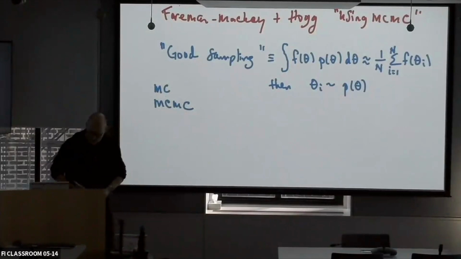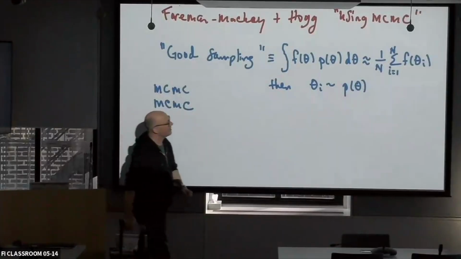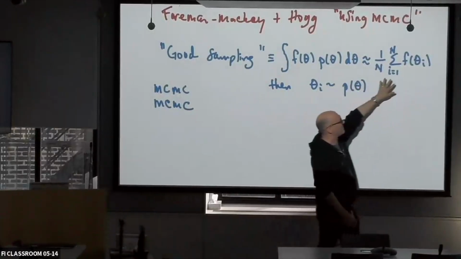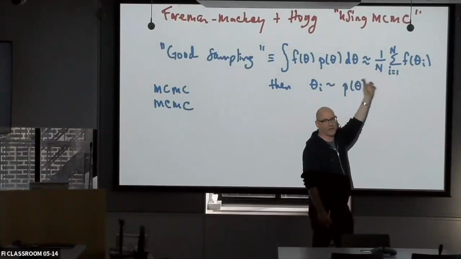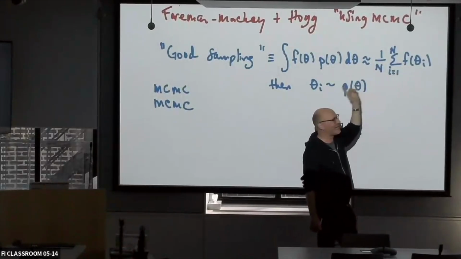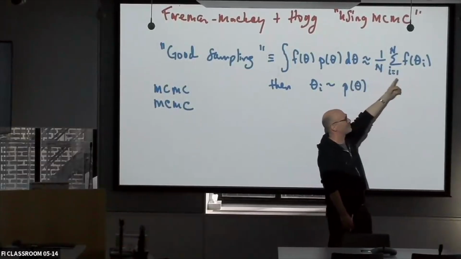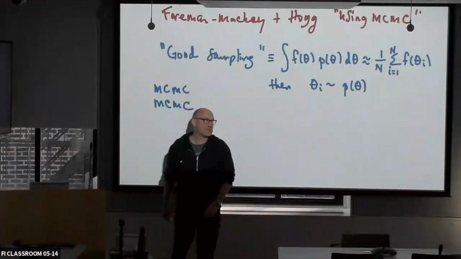Monte Carlo is a way of doing integrals. This is like a Monte Carlo of this. This integral approximation is a Monte Carlo approximation because you have random samples and you've taken random samples from your probability distribution and they approximate your integral. So that's the sense in which it's Monte Carlo.